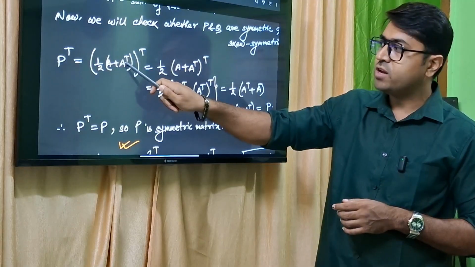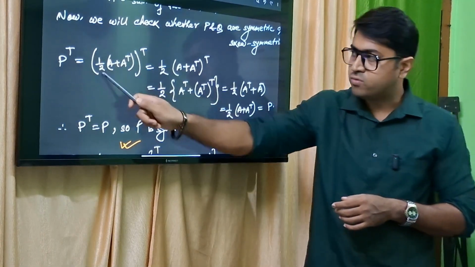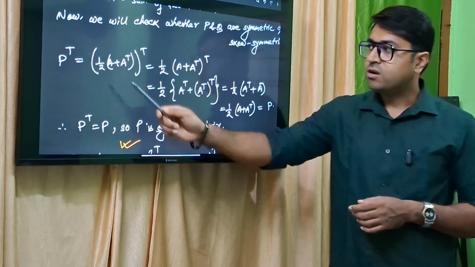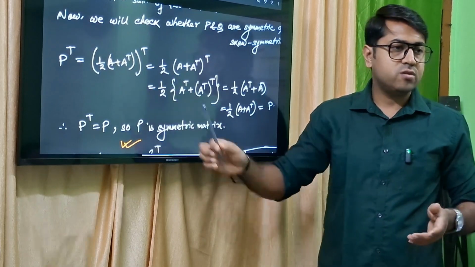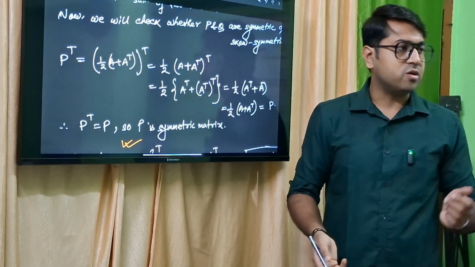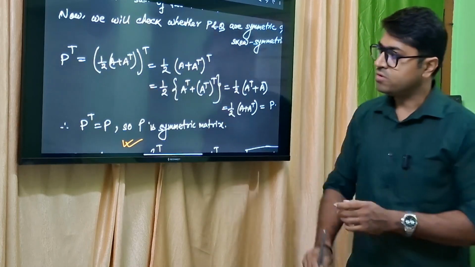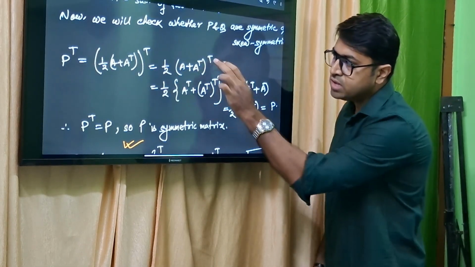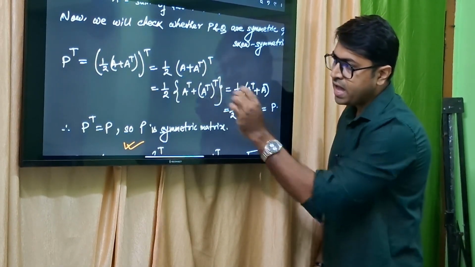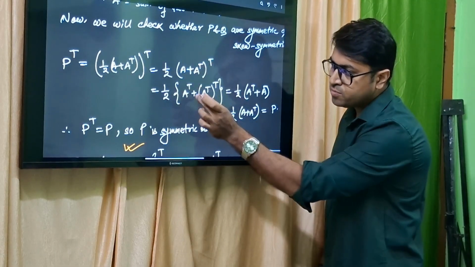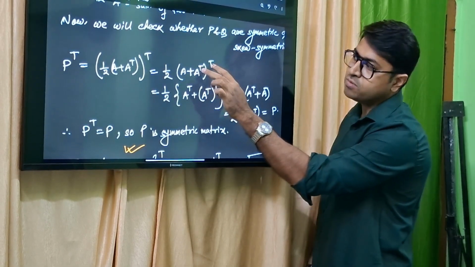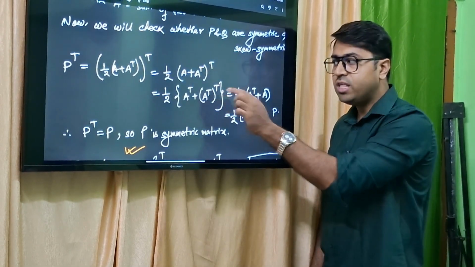P matrix is given, so P transpose will be how much? Half into A plus A transpose was the matrix P, so P transpose will be the whole transpose. Transpose of half will be half, because the transpose of a single constant number is given as it is. A plus A transpose, whole transpose, will be distributed: A transpose, and A transpose to the power transpose, that means A only.